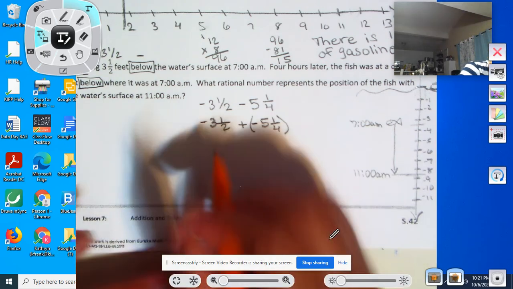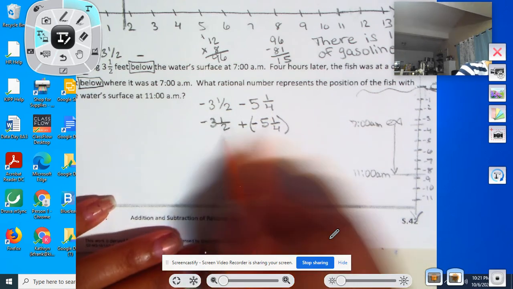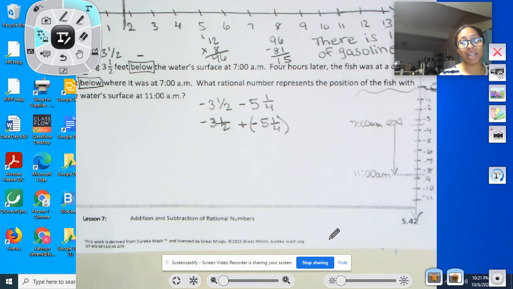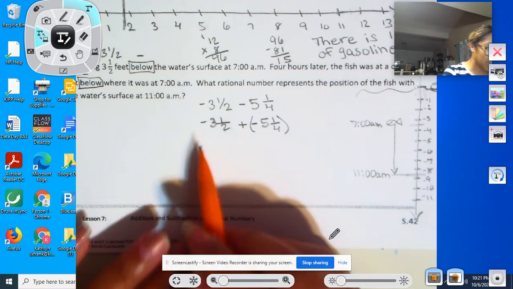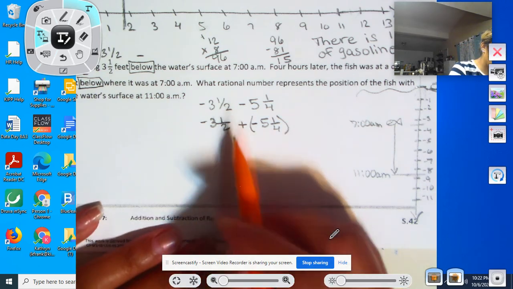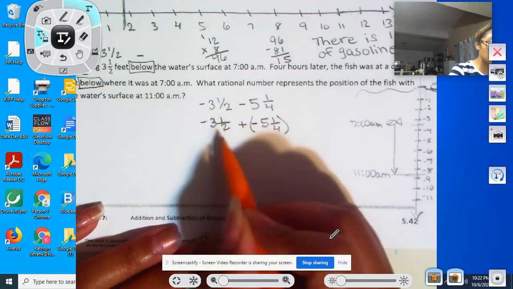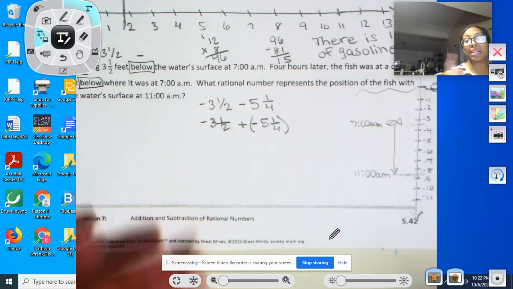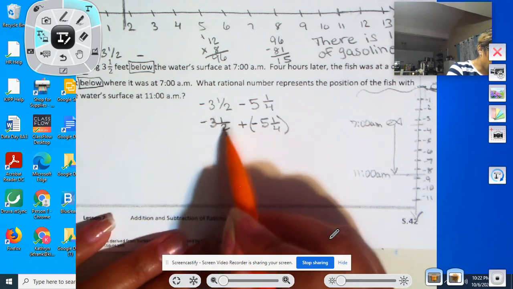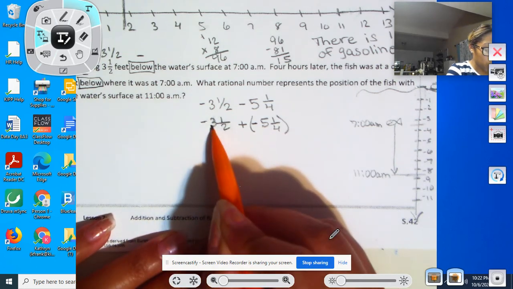Well, we know that the only way we can add fractions is if they have the same denominator, and the same rules apply even if these are negative fractions or mixed numbers. So what we want to do is take these mixed numbers and make them into improper fractions. So how many halves are in 3?